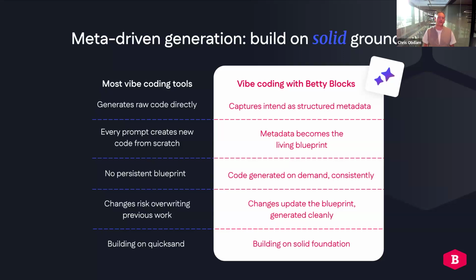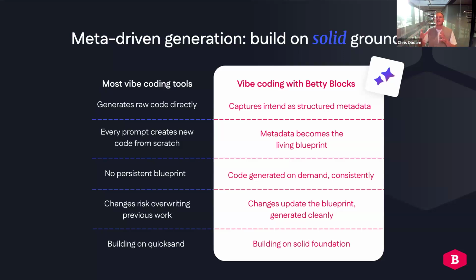So if you compare that, most vibe coding tools generate raw code, right? While on our platform, we capture the intent of what you need as structured metadata, right? Every prompt on the other hand needs to create code again from scratch. But in our platform, the metadata model is a living model, right?